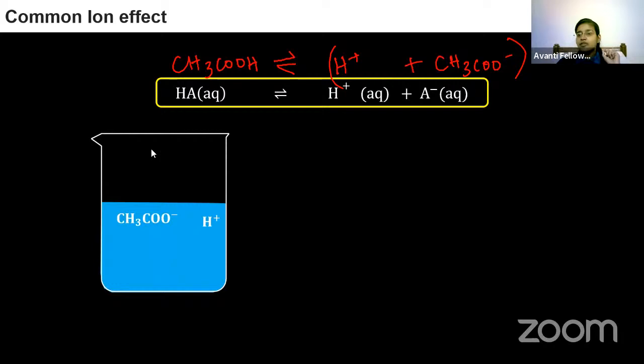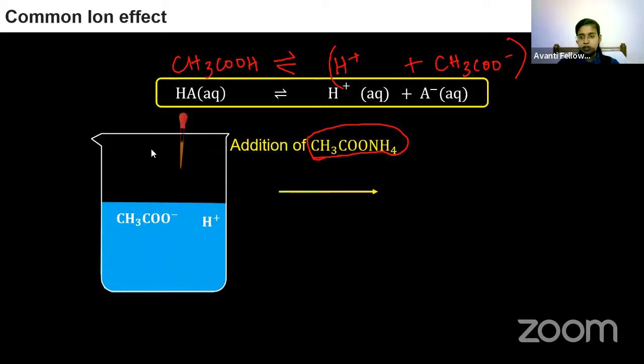Now, if I add ammonium acetate, this compound is called ammonium acetate, to this solution, what will happen? Ammonium acetate also has CH3COO minus and NH4 plus ion.